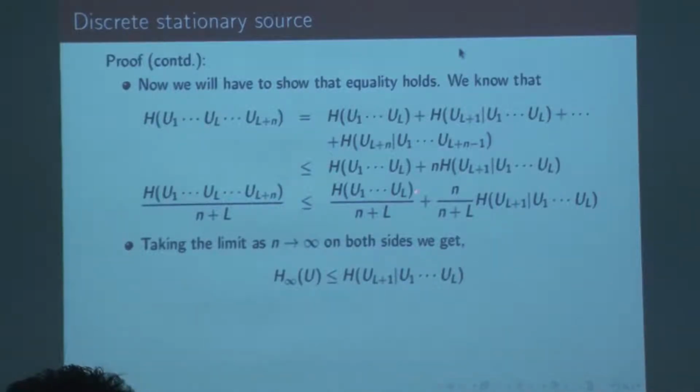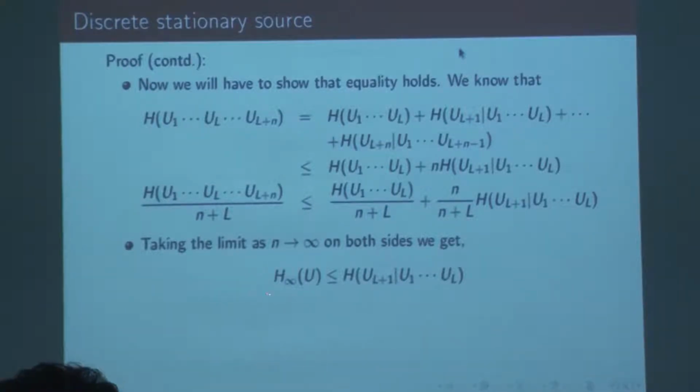Now, here what is this term? This is a bounded term, whereas the denominator is going to infinity. So, this will go to 0, and here you divide by n, so 1 plus L by n. As n tends to infinity, L by n will go to 0. So, what you will be left with is 1 times this term, fine.